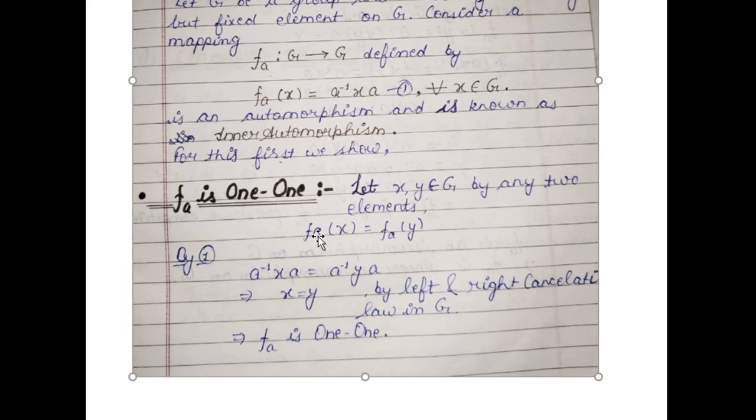By equation 1, F_A(x) is equal to A inverse x A, and F_A(y) will be A inverse y A. You can take two steps: first use associativity, and then use the left and right cancellation laws, and you will get x equal to y. It is very easy to prove. So we have taken F_A(x) equal to F_A(y), and we have proved that x equal to y. This implies F_A is 1-1.